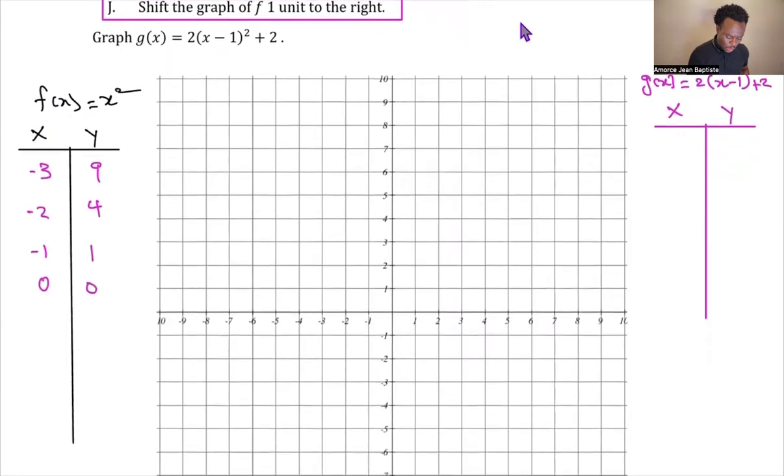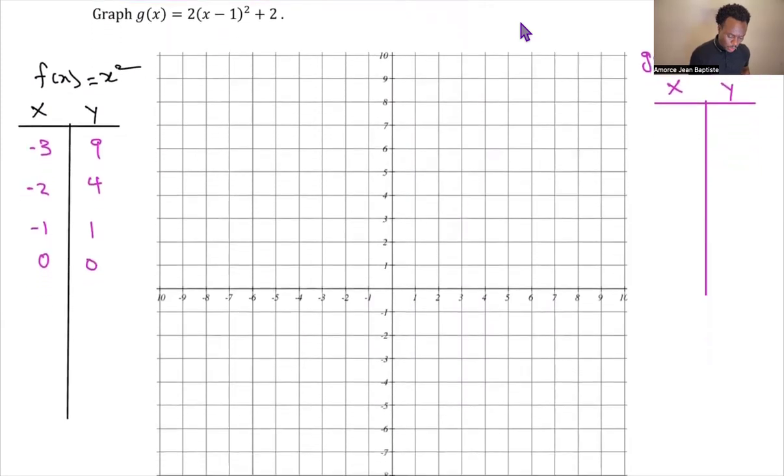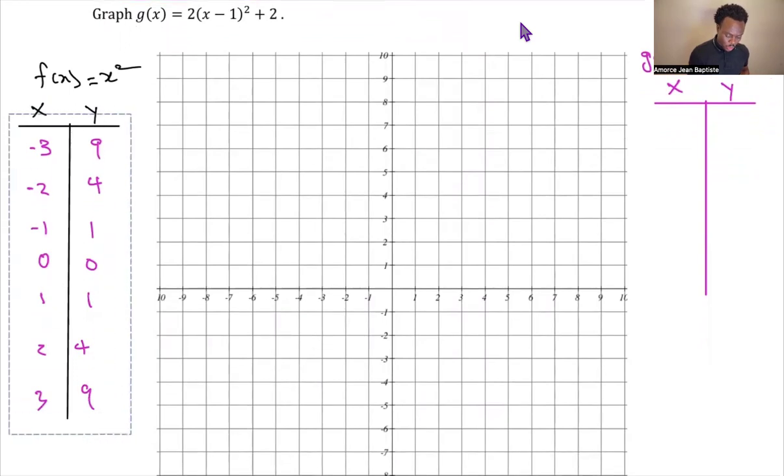It'll take more, but you don't have to. And then we have 1, 1; 2, 4; 3, 9. So we have that. I'm going to plot these because they give me a better idea of what my graph is going to look like.